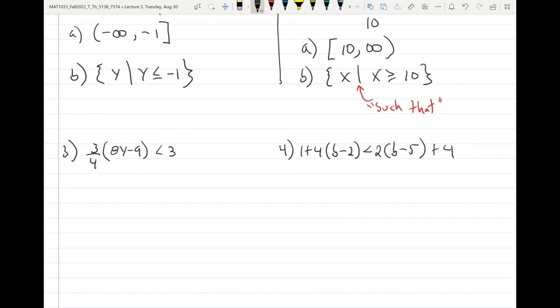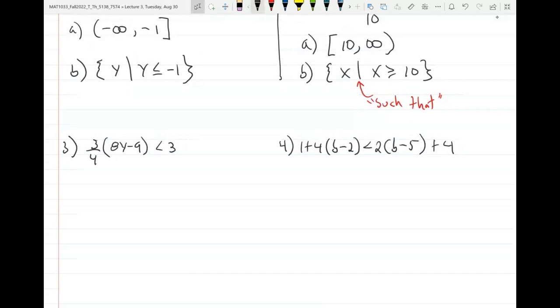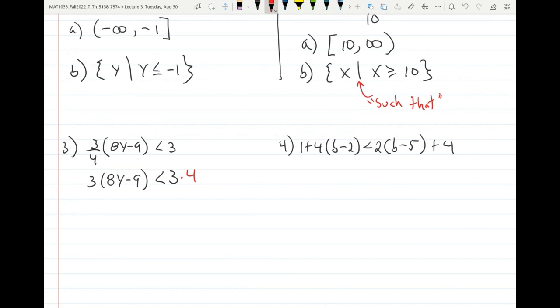So the 4 is dividing, so I'm going to move it to the other side, multiplying, which is equivalent to multiplying both sides by 4. If you multiply both sides by 4, the 4 cancels this one, and you end up with this. Exactly the same. Now, 4 is positive, so there's no need to flip anything, okay?